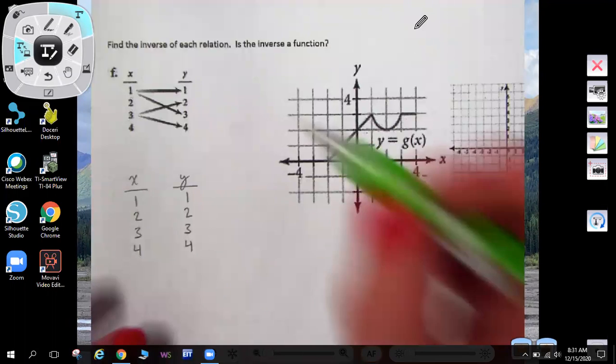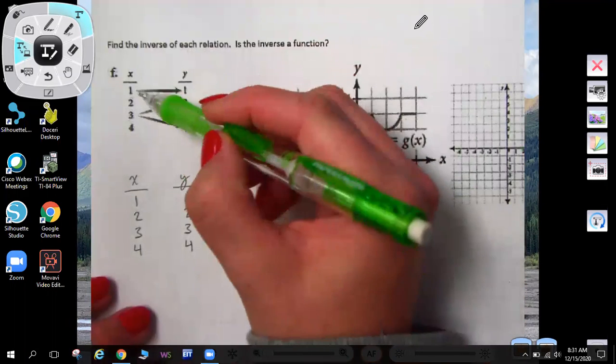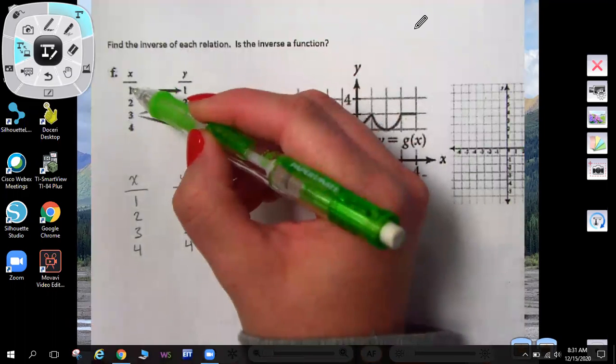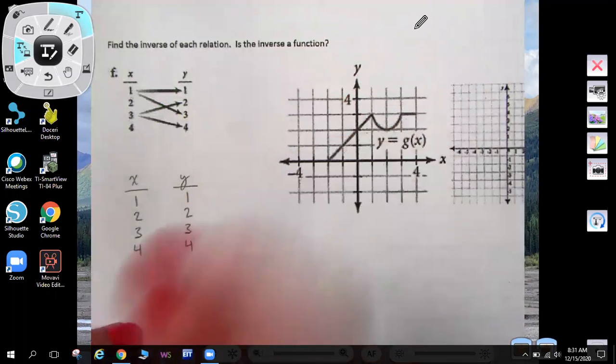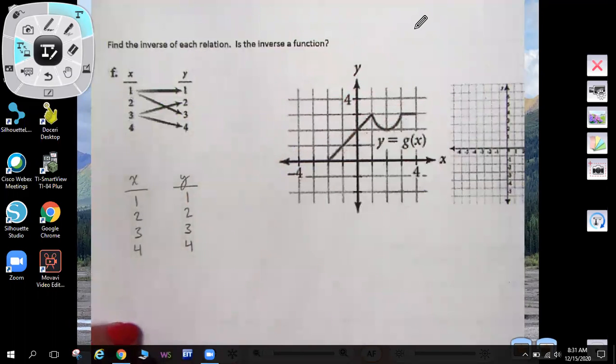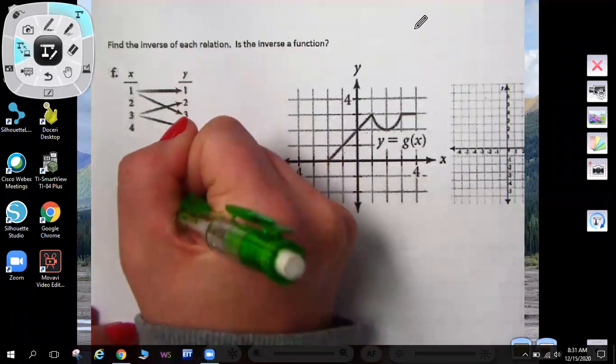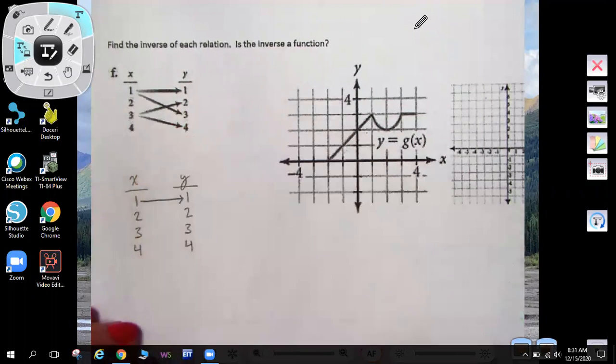Okay, now we look at the arrows. The first arrow that I see, we have from an x value of 1 to a y value of 1. So if we switch the x and the y here, they're both still 1. So we're still going from an x value of 1 to a y value of 1. That one doesn't change.